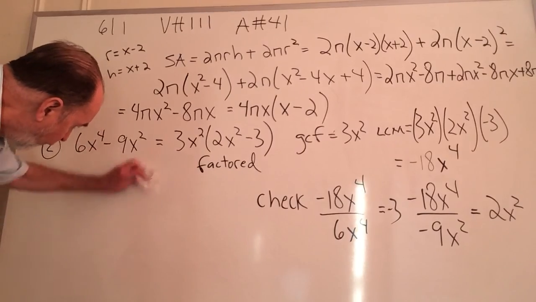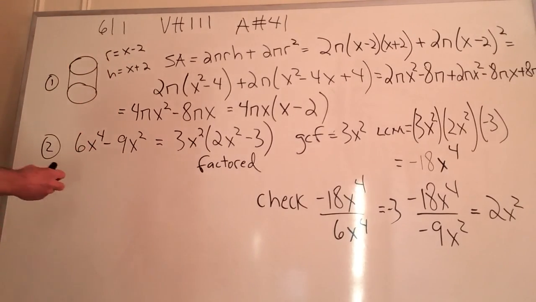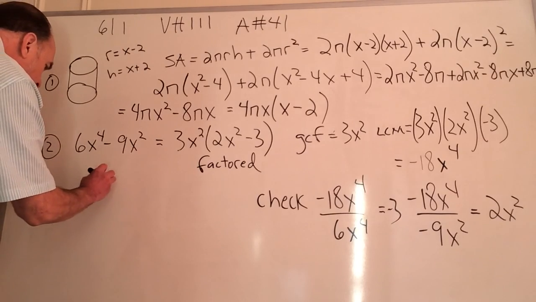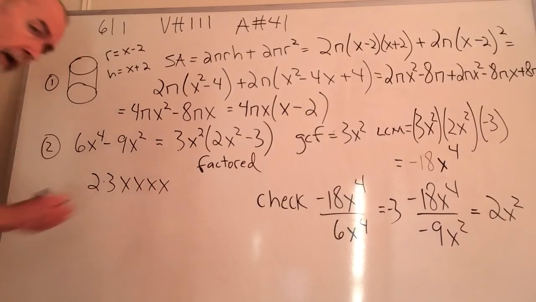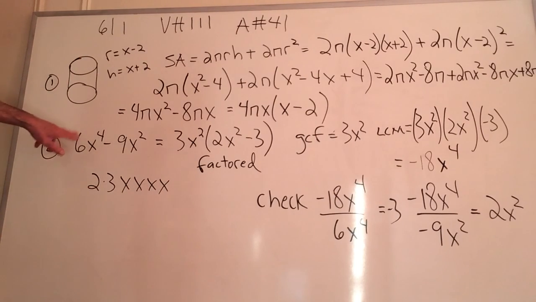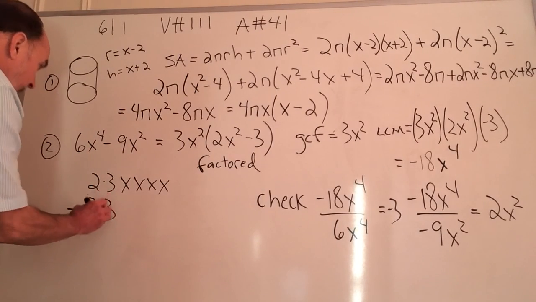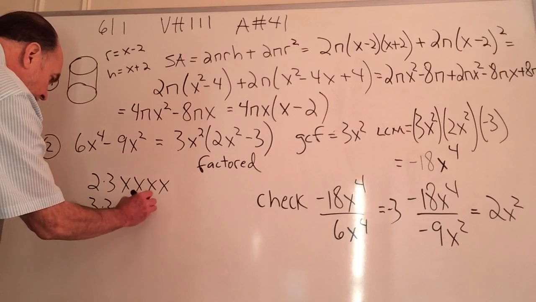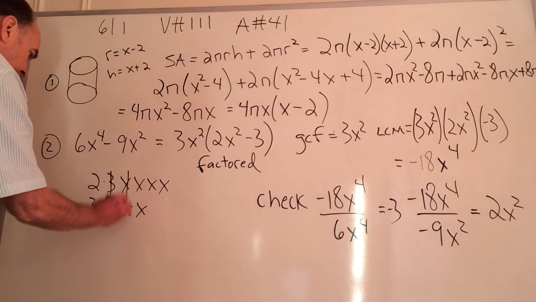And just for you kids who are struggling to factor these guys out, 6 is 2 times 3, and there are 4 x's here. Okay, so you see that I did this right over here. This is equivalent to this. Don't forget the negative sign. Okay, and there are 2 x's here. And like I said, I did it in my head, but you can always break it down like this. It always works. And there we go.